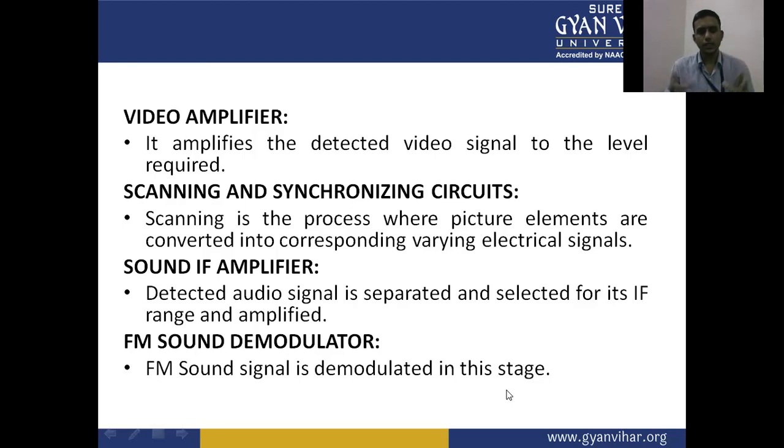In the sound IF amplifier, the detected audio signal is separated and selected for its intermediate frequency range and amplified. The FM sound demodulator is a device to demodulate the FM signal in this stage.